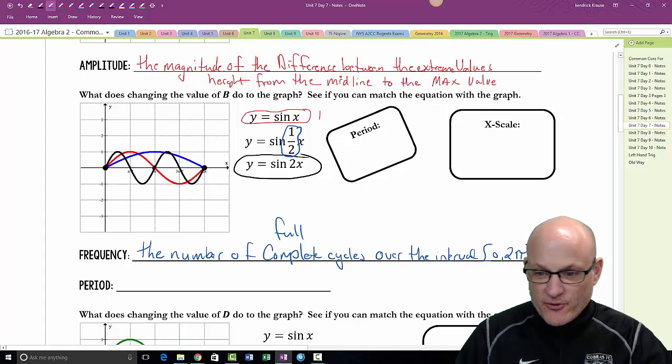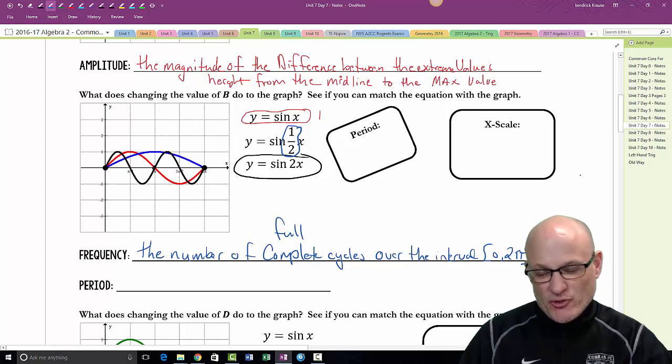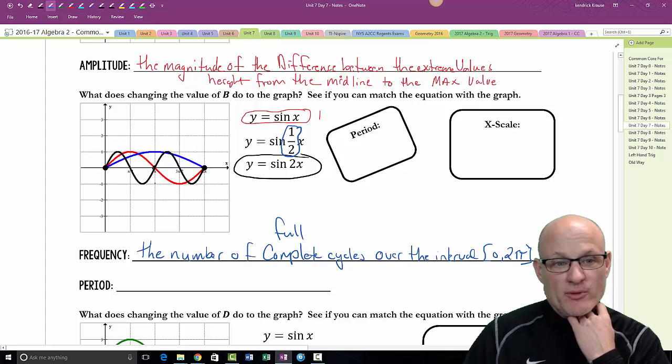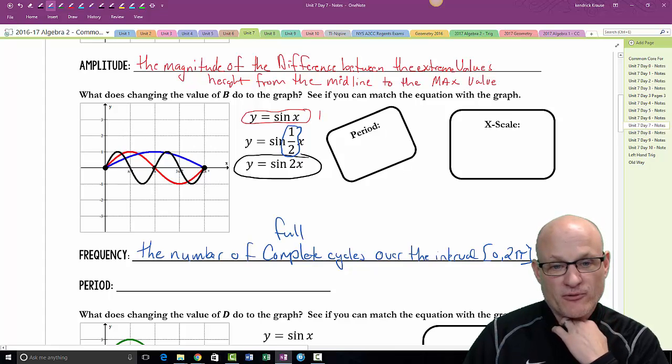So how many full sine curves do you see from 0 to 2 pi? Normally we just see one. Normally we just see this red one here. We just see one full curve.